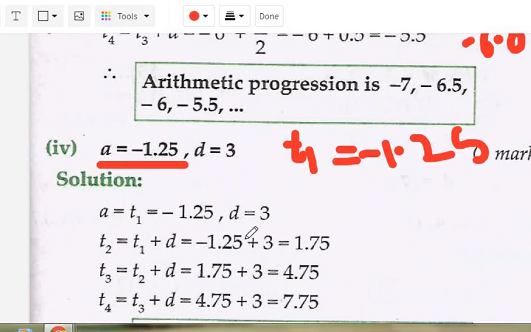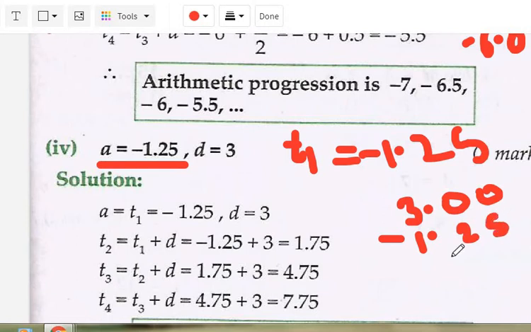Now how to calculate this? 3 minus 1.25, that means 3.00 minus 1.25. Subtract this: 100 minus 25 is 75, and for the 3, it is 2, 2 minus 1 is 1, and therefore this answer is 1.75.